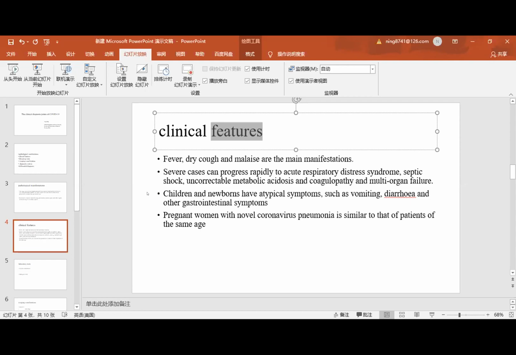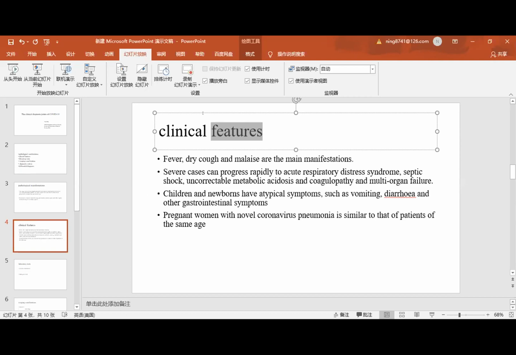It is important to note that critically ill patients may have moderate to low fever or even no significant fever during the course of the illness. Some children and newborns have atypical symptoms such as vomiting, diarrhea, and other gastrointestinal symptoms, or just weakness and shortness of breath. In mild cases, the symptoms may include a low fever and mild malaise with no signs of pneumonia.